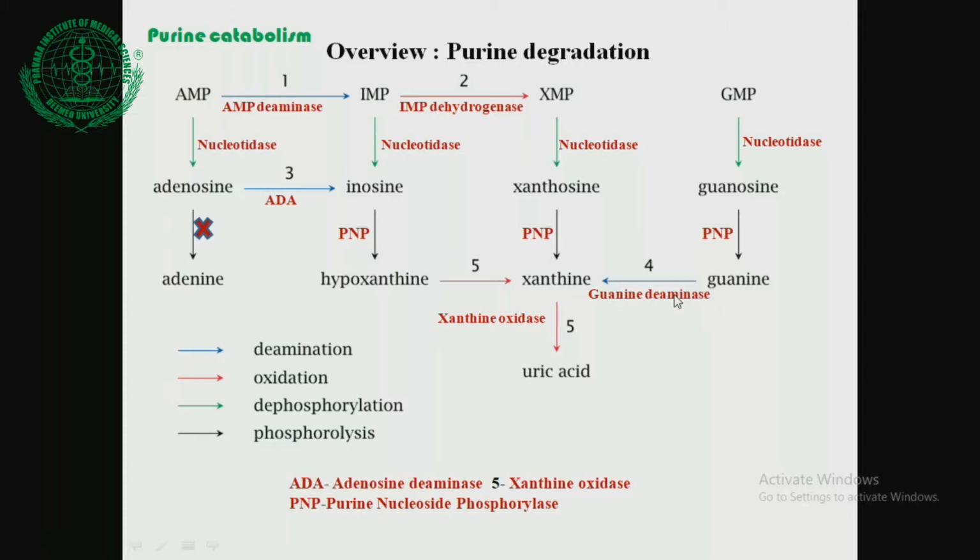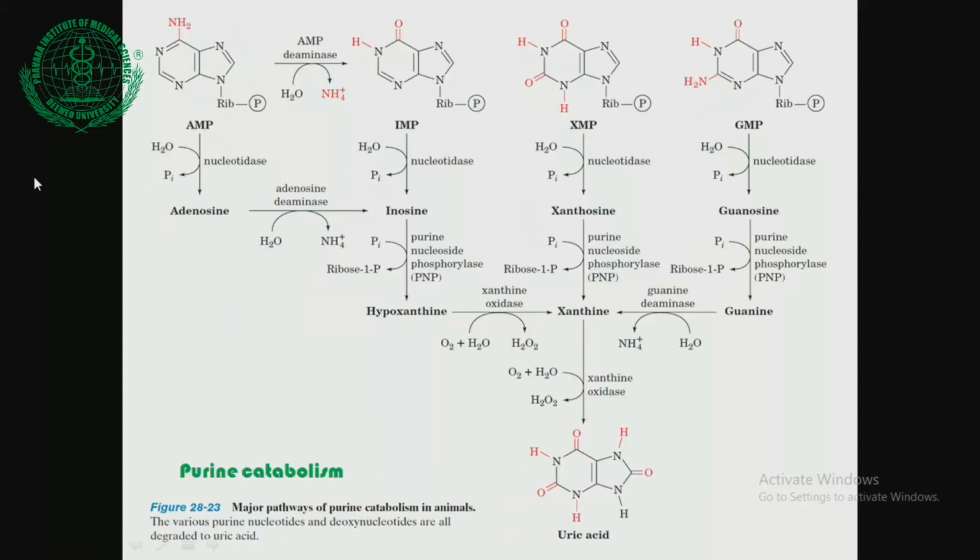And through deamination, guanine is converted into xanthine and hypoxanthine is converted to xanthine. And xanthine is taken further through oxidation and converted into uric acid. And this is a structural depiction of purine degradation.